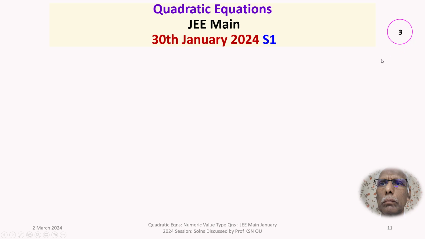And I think this is the last question under integer value type questions. This question has appeared in the Joint Entrance Exam Main held on 30th January 2024 in the first shift.